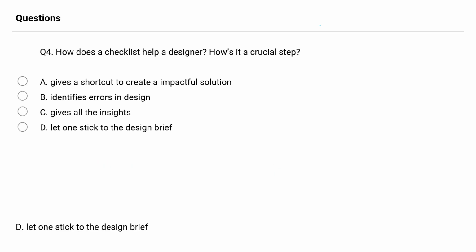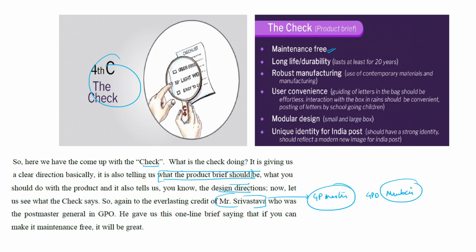So if you see the options, let's stick to the product brief is the correct answer. So one of you has said the correct answer, which is option D. And what were the other checks? Long life, at least for 20 years, robust manufacturing, user convenience.